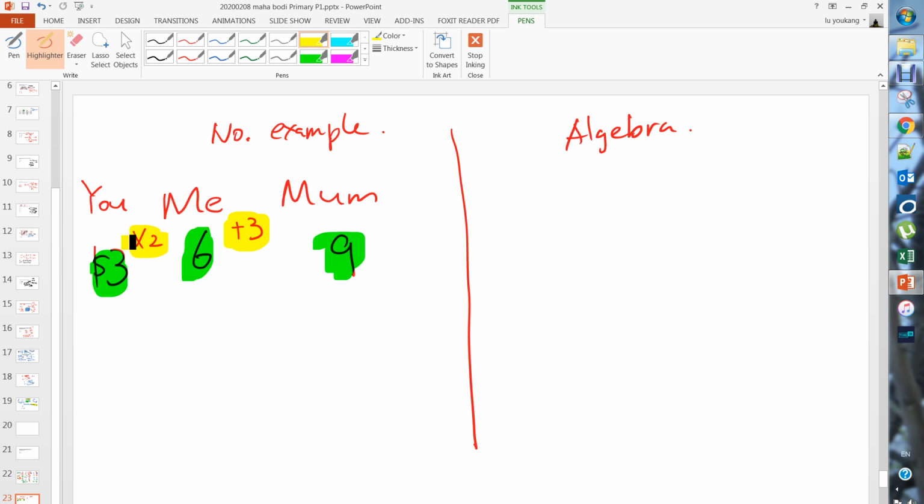So the first one is times 2, which is 2 times. Then the plus 3 here is 3 more than me. Do you see that the yellow one is the operation you need to do, and the green highlighted one is the answer?